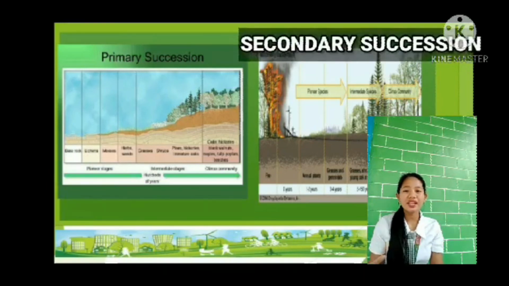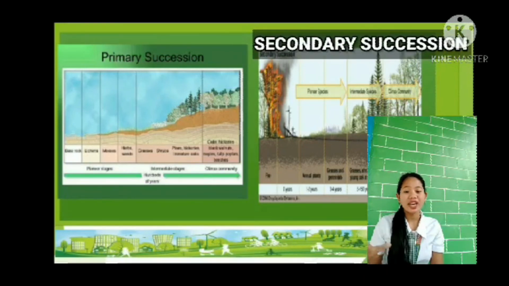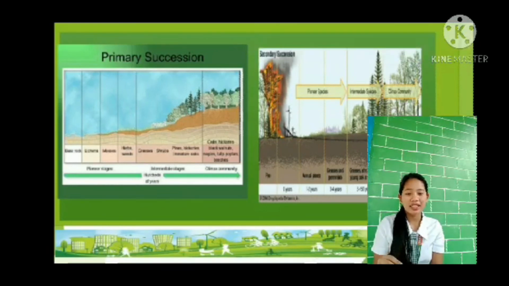And secondary succession, on the other hand, follows a disruption of a pre-existing community. The disturbance, like fire, drought, or logging, is then recolonized by living things. So species must have survival qualities for coping with environmental changes.